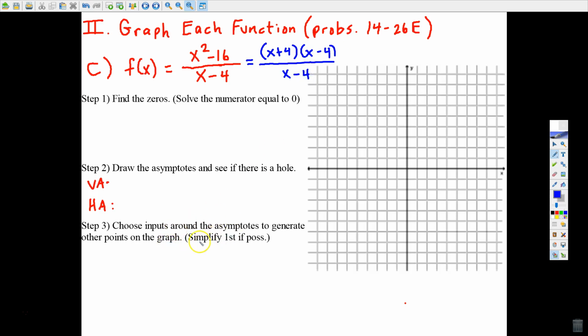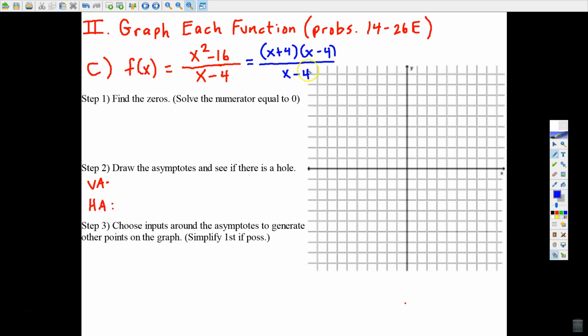Definitely factor and simplify before you start doing inputs, but in this particular problem, it's going to help us when we find the zeros and draw asymptotes to go ahead and look at the factored form of this. Okay, so finding the zeros, we always take the numerator and let it equal 0 and then solve. But in this particular case, we haven't seen this yet.